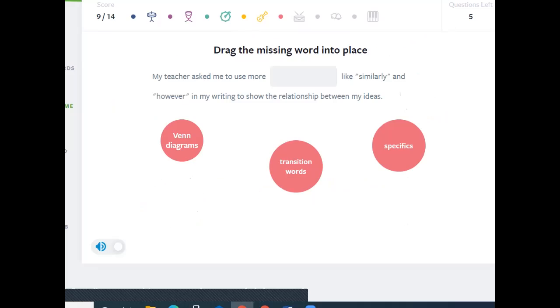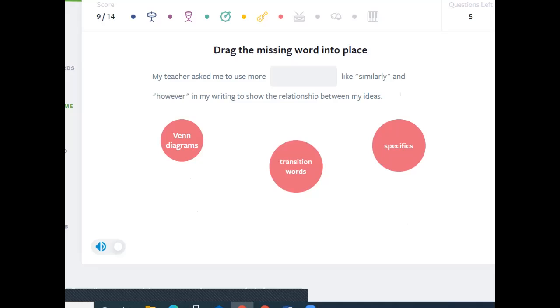All right, drag the missing word into place. My teacher asked me to use more blank, like similarly and however, in my writing to show the relationship between my ideas. We can choose Venn diagrams, transition words, or specifics.